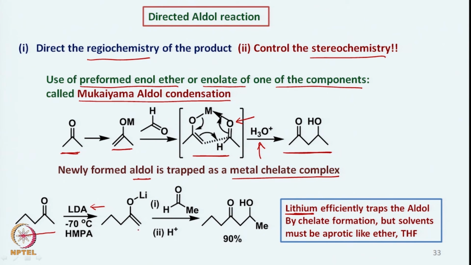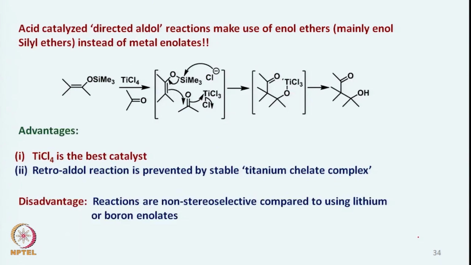At that temperature we generate an enolate from the less substituted side, and that reacts with the propanaldehyde to form this aldol, which of course has to be hydrolyzed, and we get 90% of it. The lithium essentially traps the aldol by chelate formation, but solvents must be aprotic, like ether or THF. We cannot use protic solvents because we are using LDA, and therefore ether or THF is used.